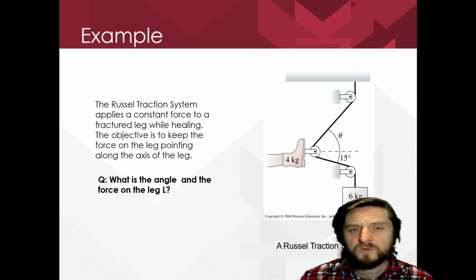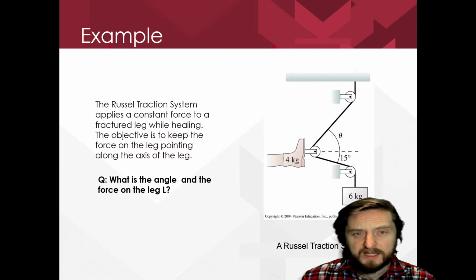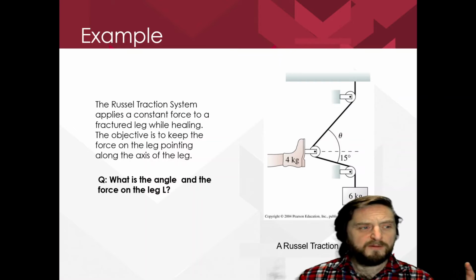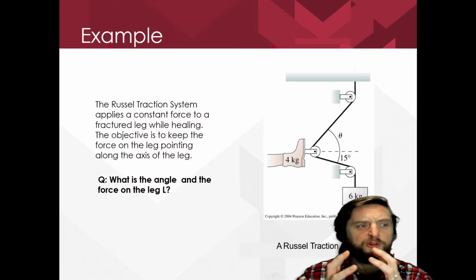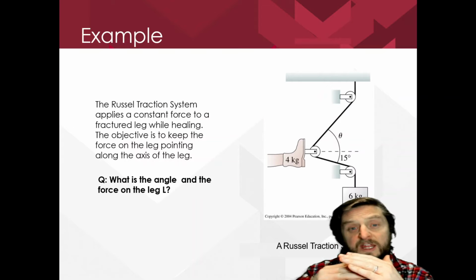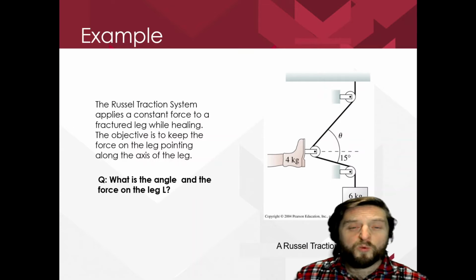So if you break a leg, break a bone in your leg, the muscle, etc., is trying to pull the leg together. If the bones don't actually meet, then that muscle can pull them together so that they don't meet properly and they heal in unusual ways.